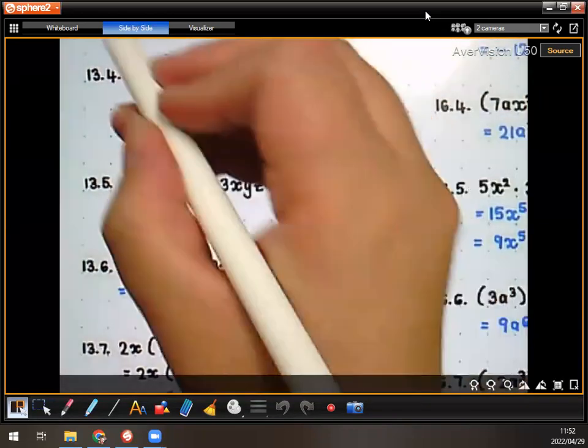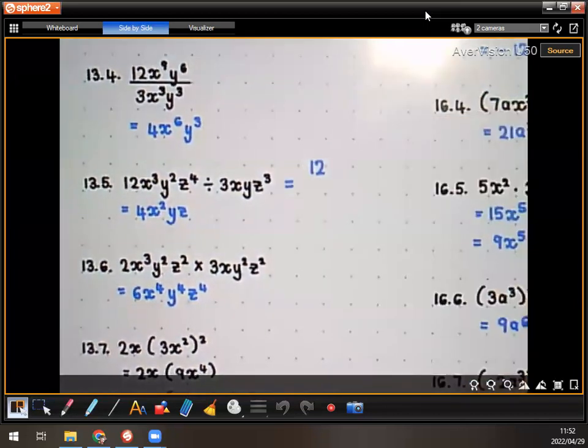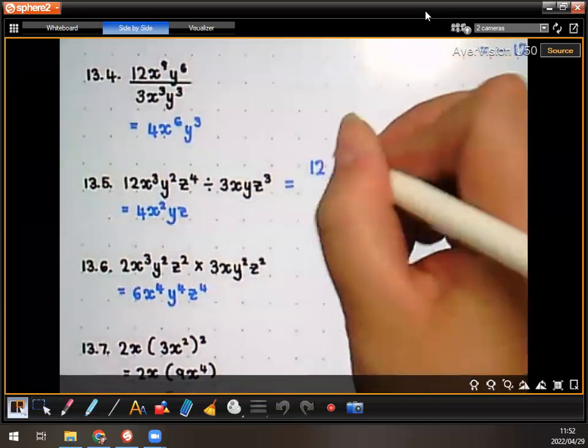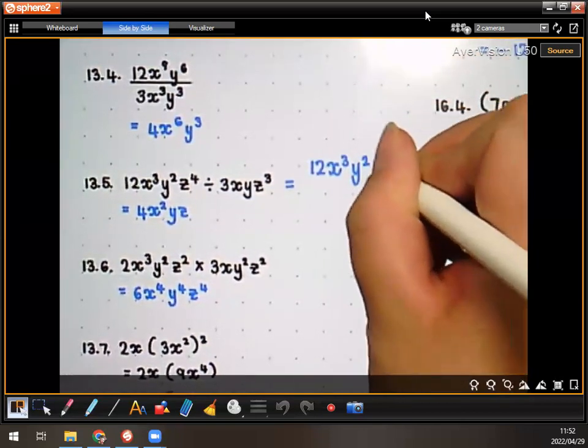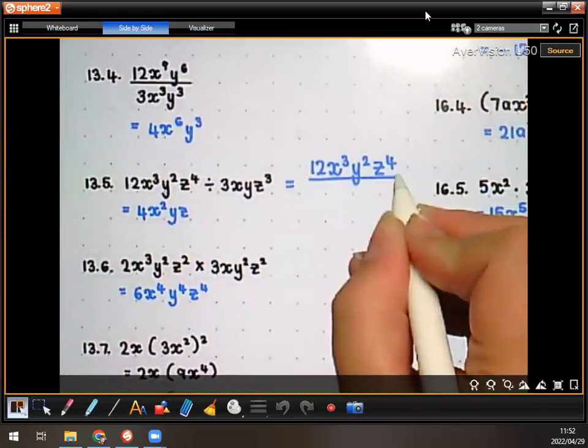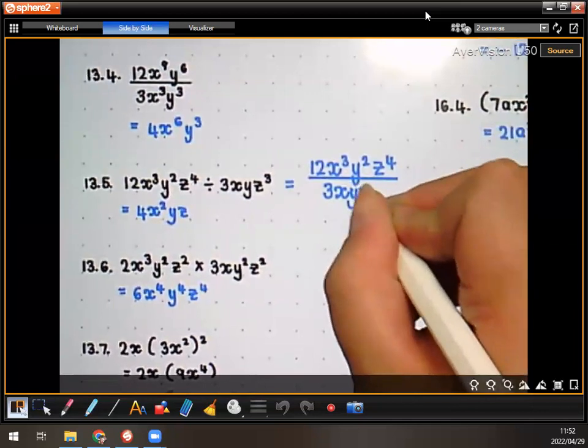I'm looking at the wrong one. 13.5 I'm talking about. My apologies. It's the exponents, not the numbers. The numbers are divided like we're doing. Yeah, just the exponents. All right, 12x cubed y squared z to the 4 over 3xyz to the 3.